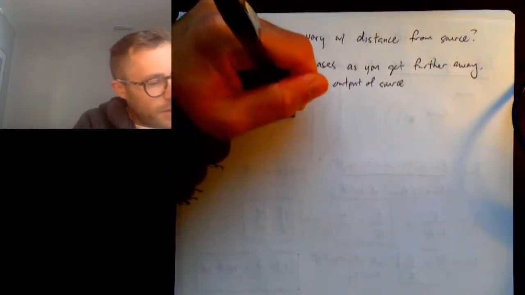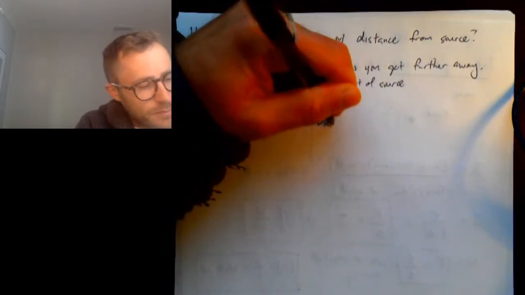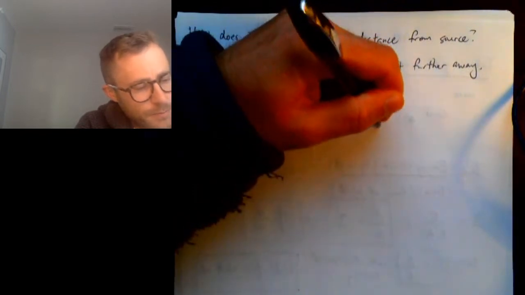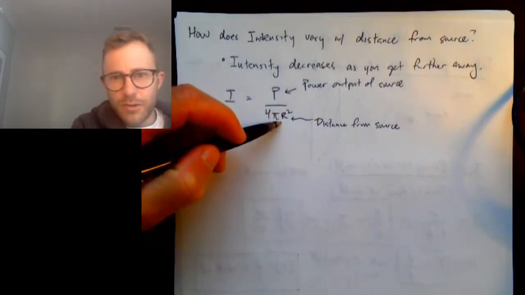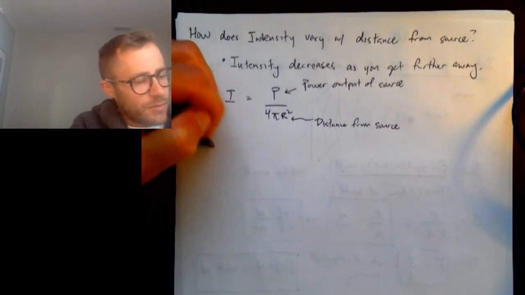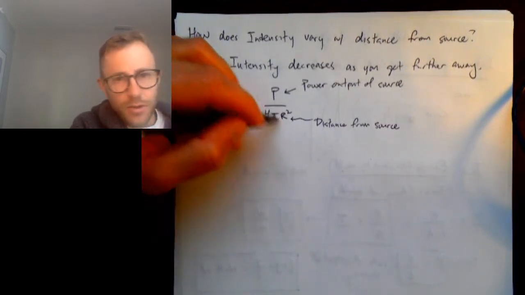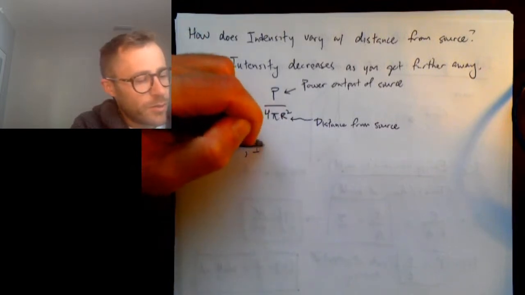R is the distance from the source. Okay, so we can see that R is in the denominator, so that as R goes up, you're increasing the size of the denominator, so the intensity will go down.